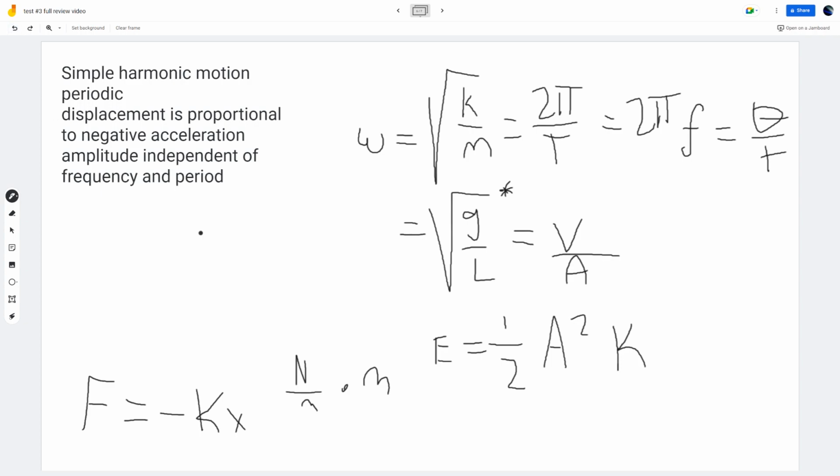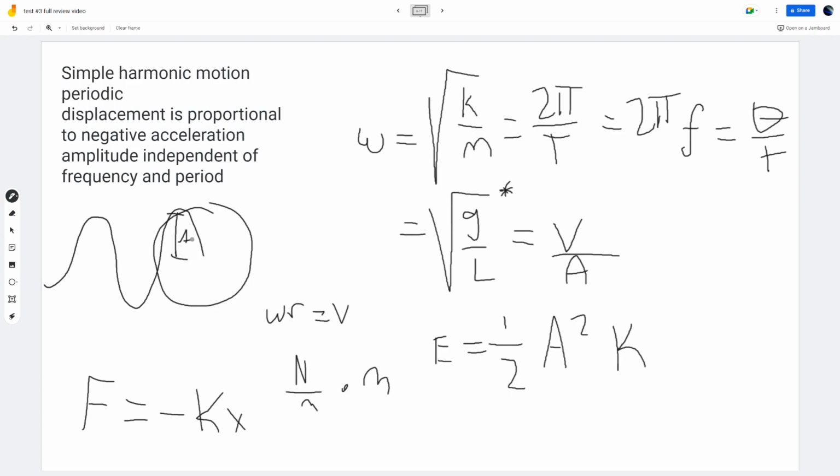You can use this equation because basically the understanding that I have is that omega r equals v. And if we think about it, if we're having some harmonic motion, even if it's not in a perfect circle, I'm drawing a circle just to make a point here. So you have a harmonic motion. The amplitude is actually going to be equal to the radius of the circle.